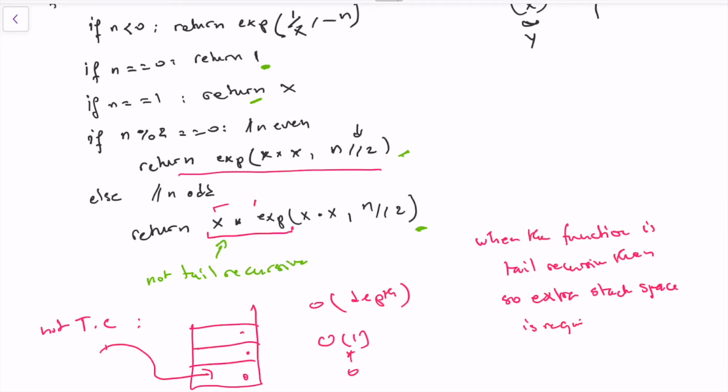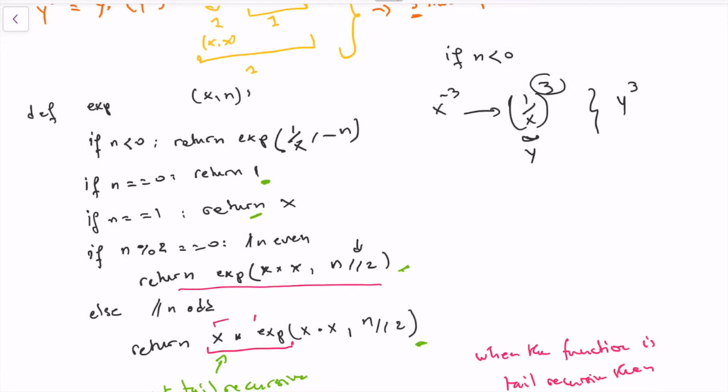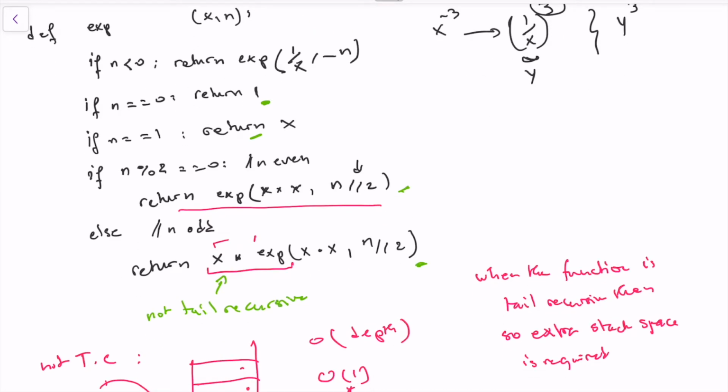And so how can we do that for our function here to eliminate the O of log n space that we will need, right? So how can we do that? A simple change that we can do here is to use another function.